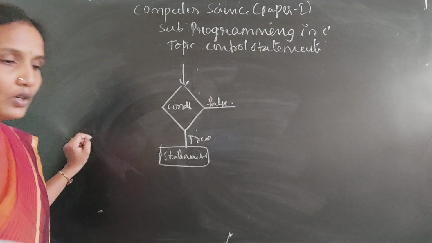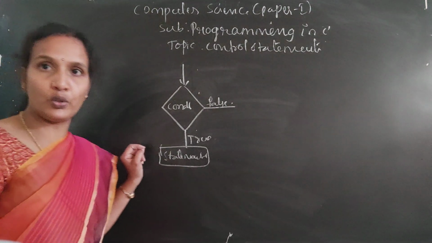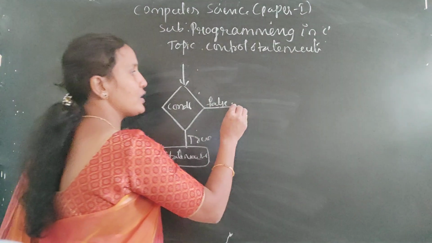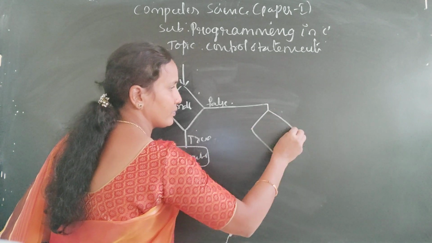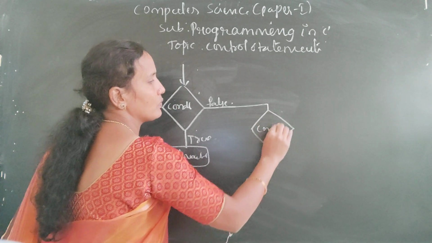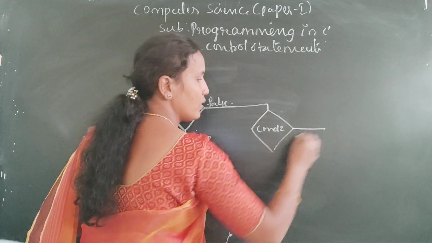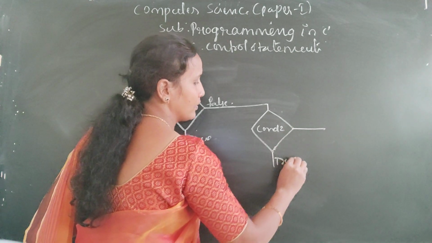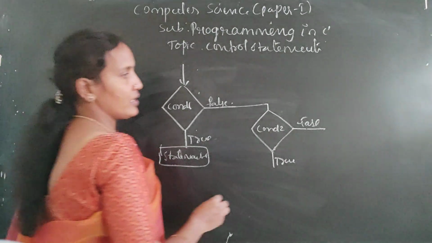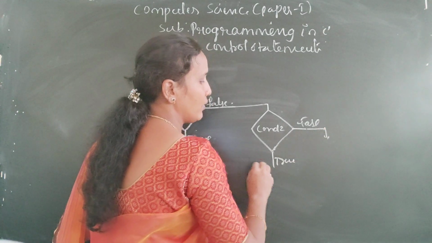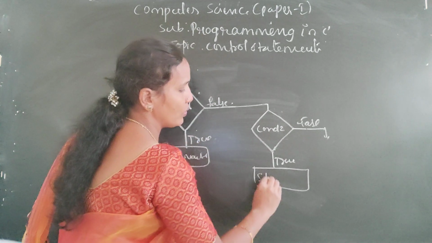If is a two-way decision making statement, so you will get two parts, true and false. If it is false, again I have given a condition, condition 2, and again for this also true and false. If condition 2 is true, what have I given? Statement 2 will be executed.